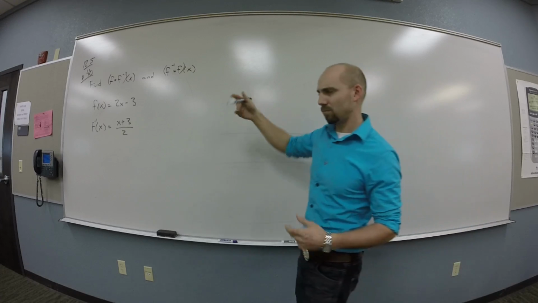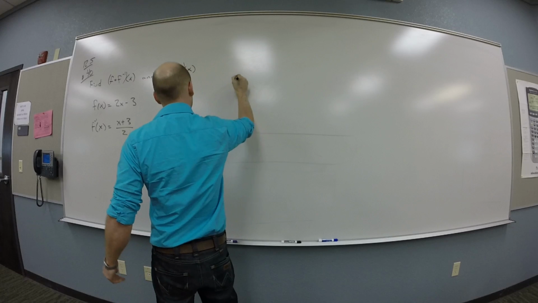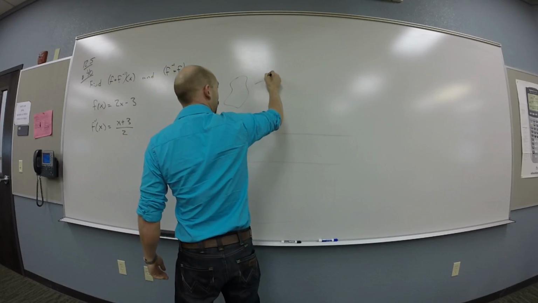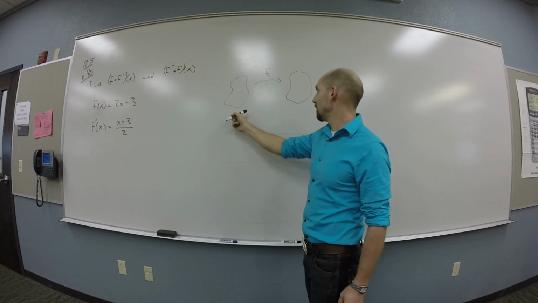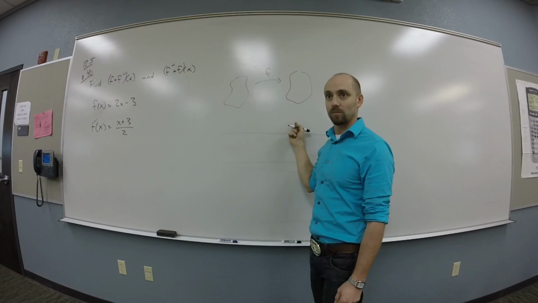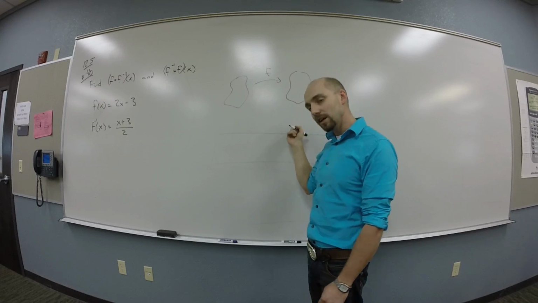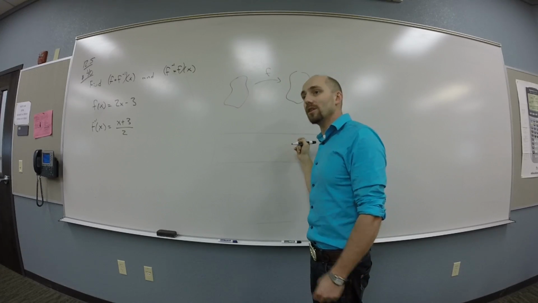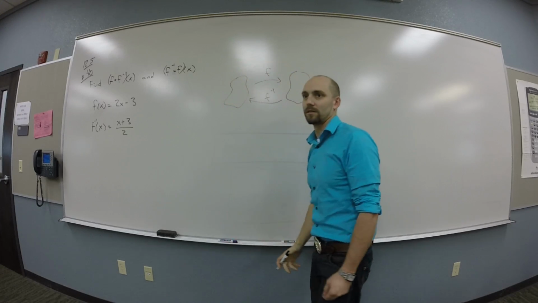So let's just remember what an inverse function is. This is the picture we draw for a function. It takes inputs, turns them into outputs. It's just a rule associating inputs to outputs. What's an inverse function? It's the one that goes the other way and undoes f.